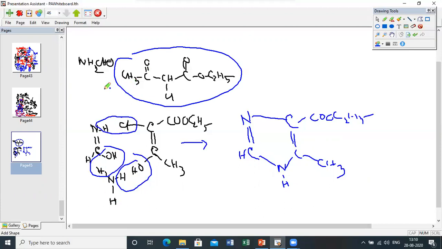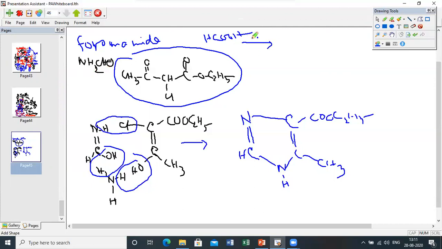And we are treating this with formamide. What is formamide? The amide of formic acid. So it is NH2CHO. What is formic acid? HCOOH.